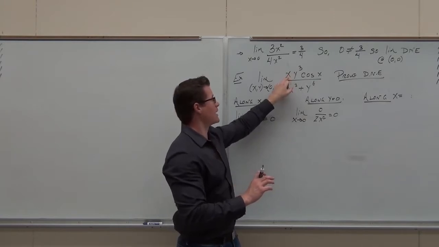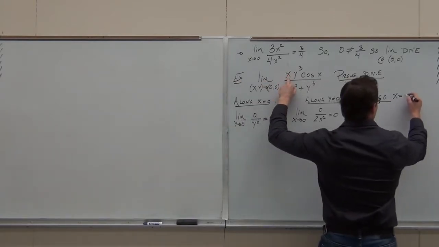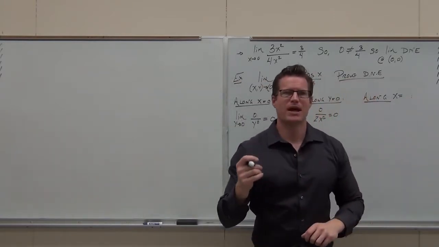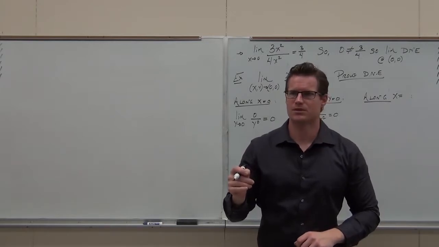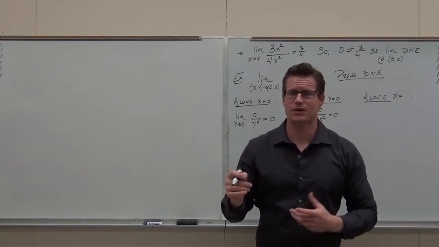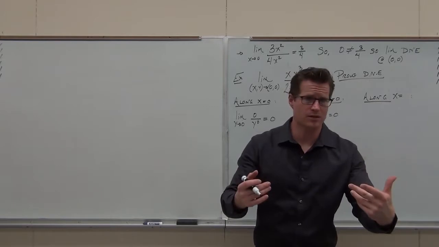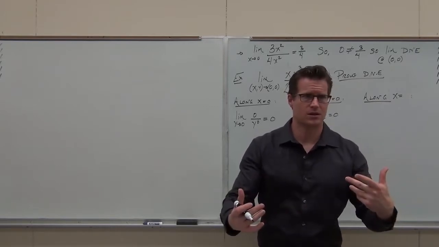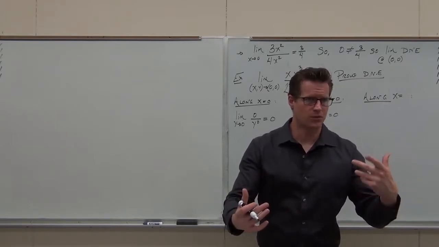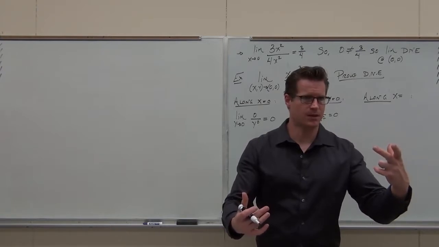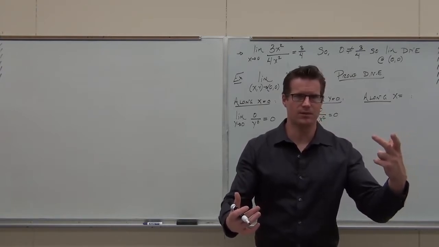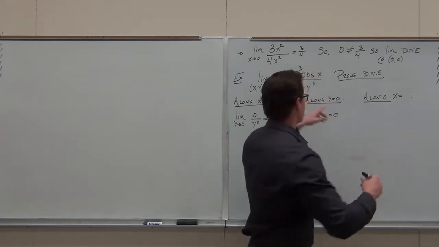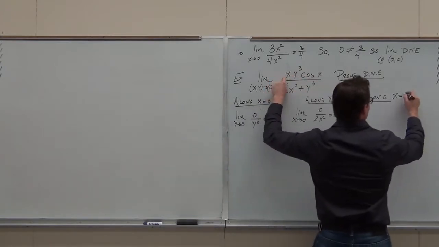Did you get the concept that I'm going to have to eliminate a variable? Because I can't do this stuff in two variables very easily. So I'm going to change x's into y's or y's into x's. I also want my degrees to become the same, because the limits are way easier that way. The limits, you just basically cover them up. So let's go along the path x equals y to the third.